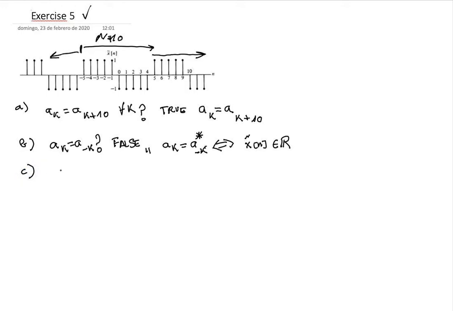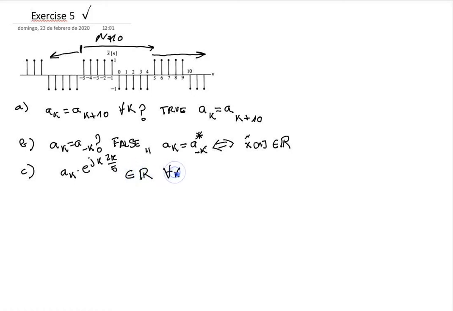So in number C, they ask us the following. They say a sub k times e to the j k 2 pi divided by 5 is real for all k.